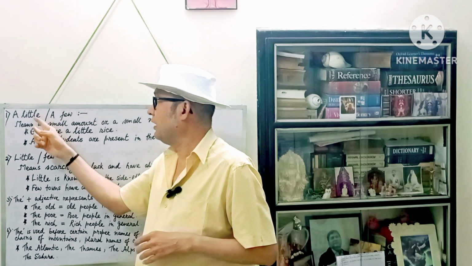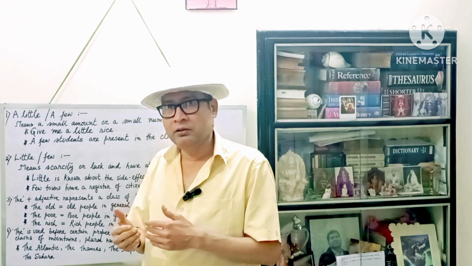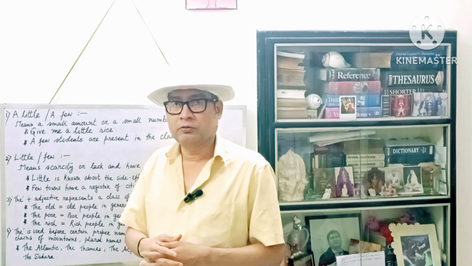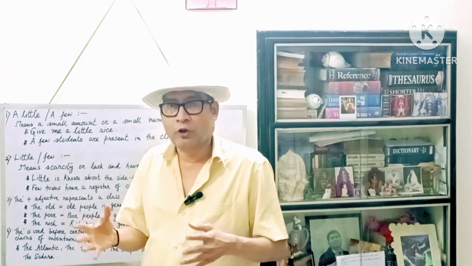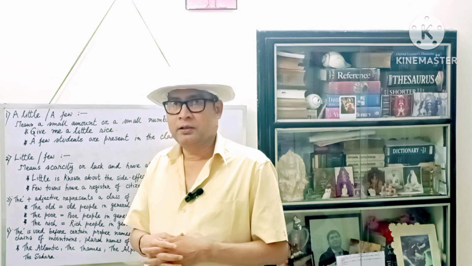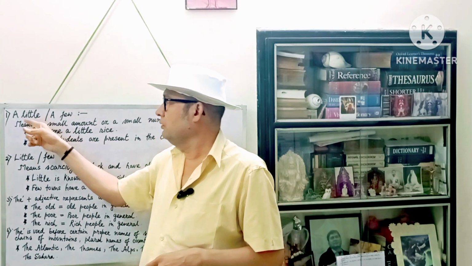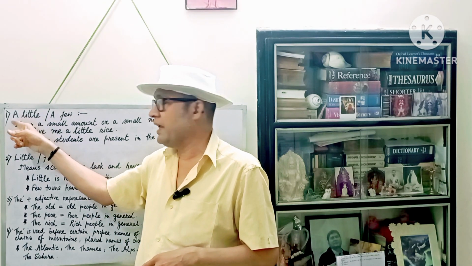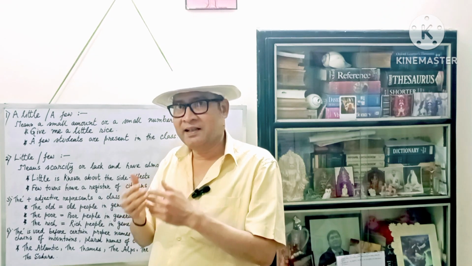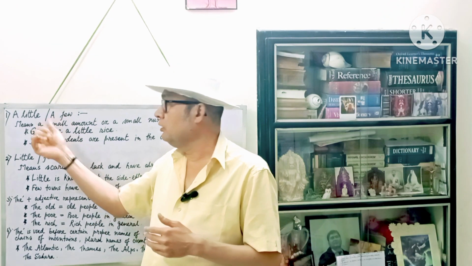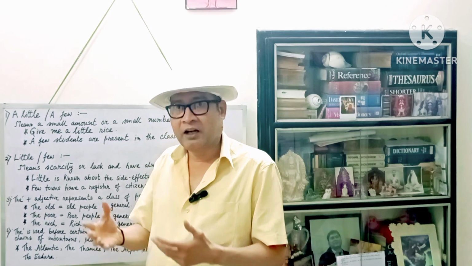We use little before an uncountable noun, for example, a little knowledge, a little learning. So this little, when preceded by a, means a certain amount of. Amount, why? Because we are using little with uncountable nouns.